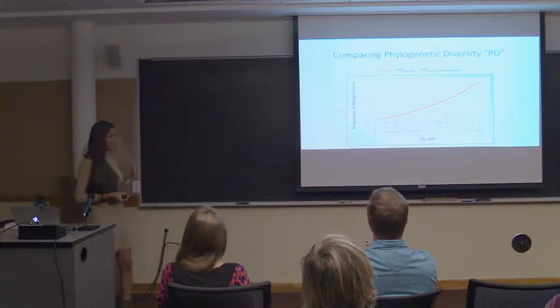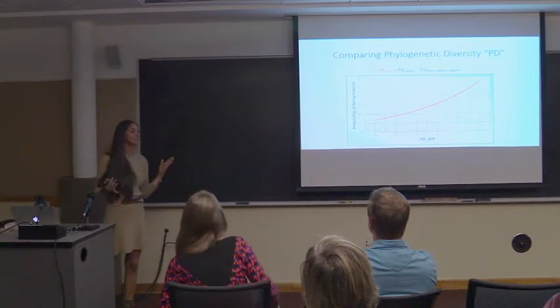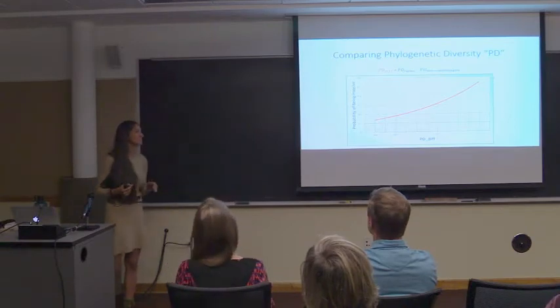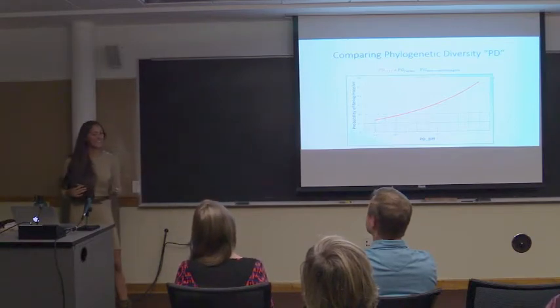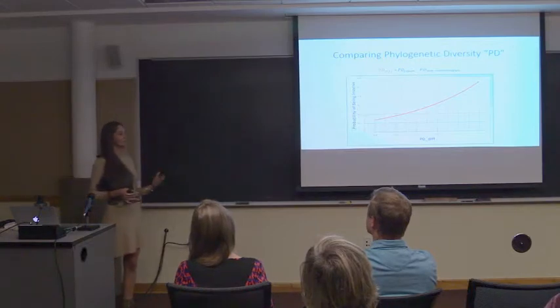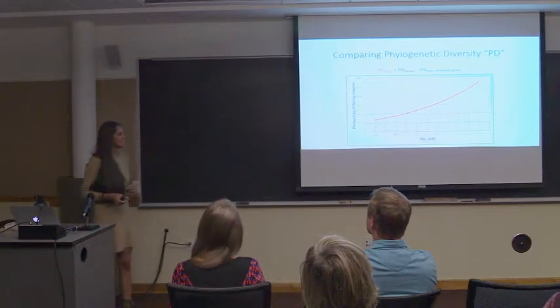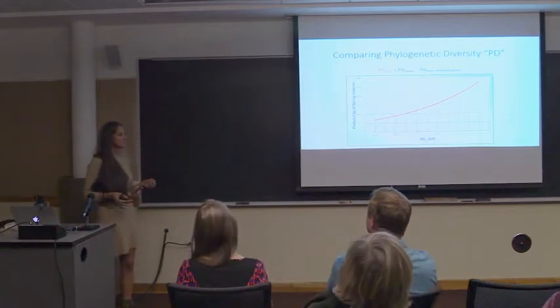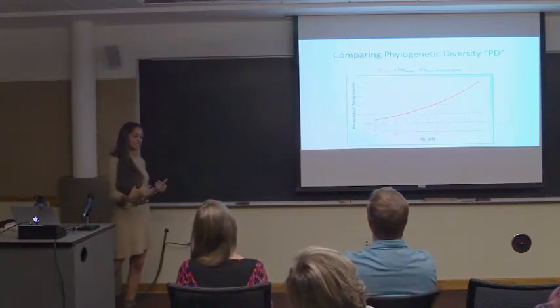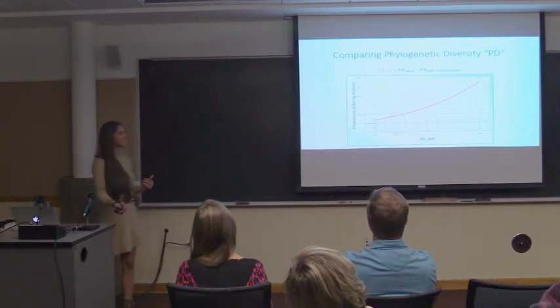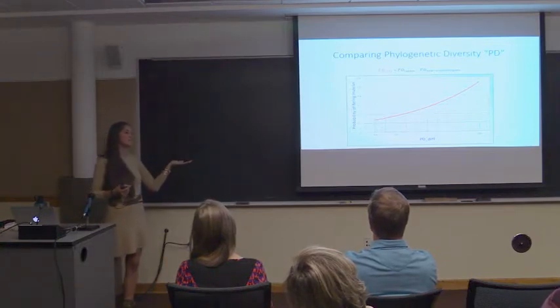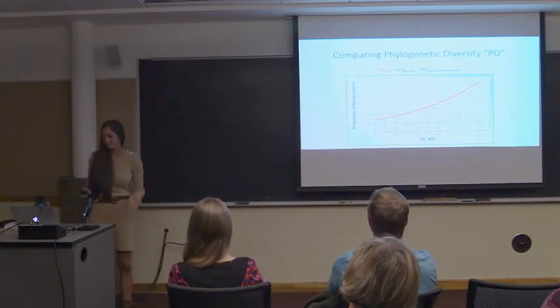Now here I'm demonstrating what we might see with the Japanese knotweed. I do not actually have any data yet, so this is just an example of what we may see. But what we may see is that as the difference in PD between the native regions and the non-native regions increases, the probability of becoming invasive in that region also increases.